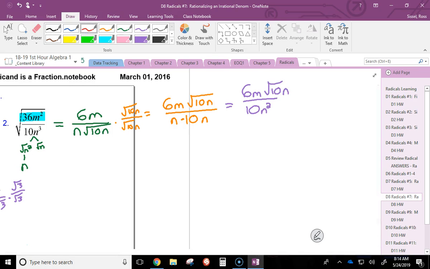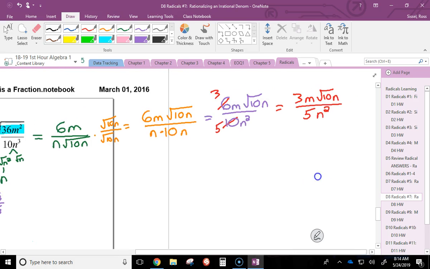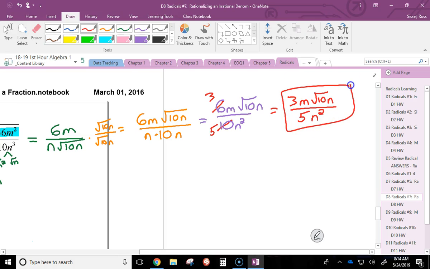Am I done? So 3m square root of 10n. Anything else I can do to simplify? No. Cannot do the n's because that one's being square rooted.